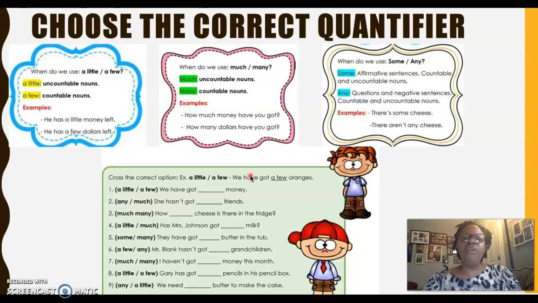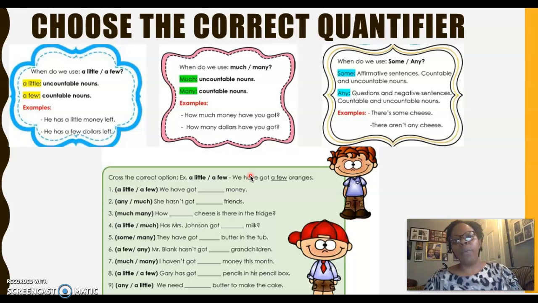Okay, on this page you can do the same thing. So once again, we're going to practice with using a little, a few, much, many, some, any. A little, much, those are used with uncountable nouns. A few and many are used with countable nouns.